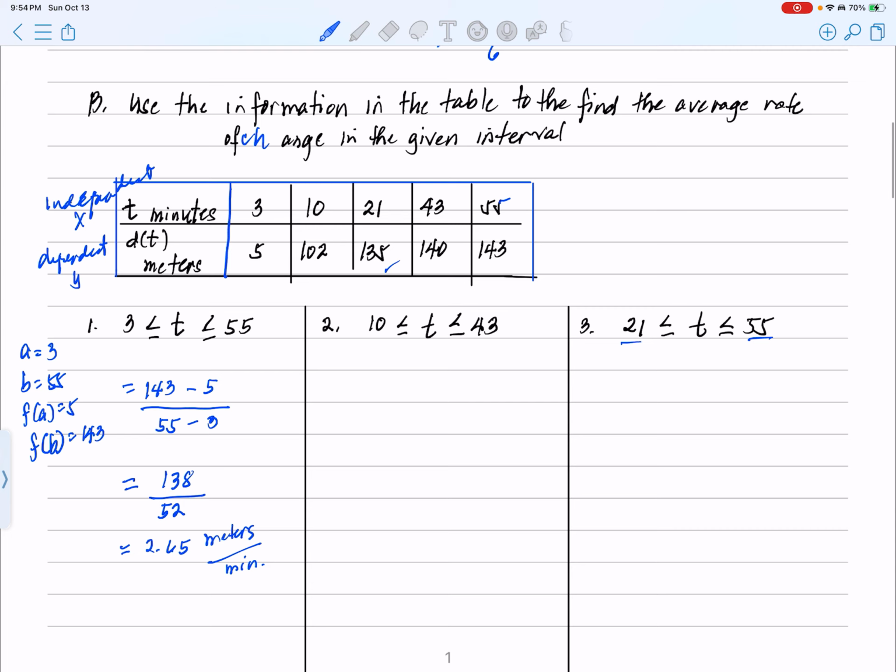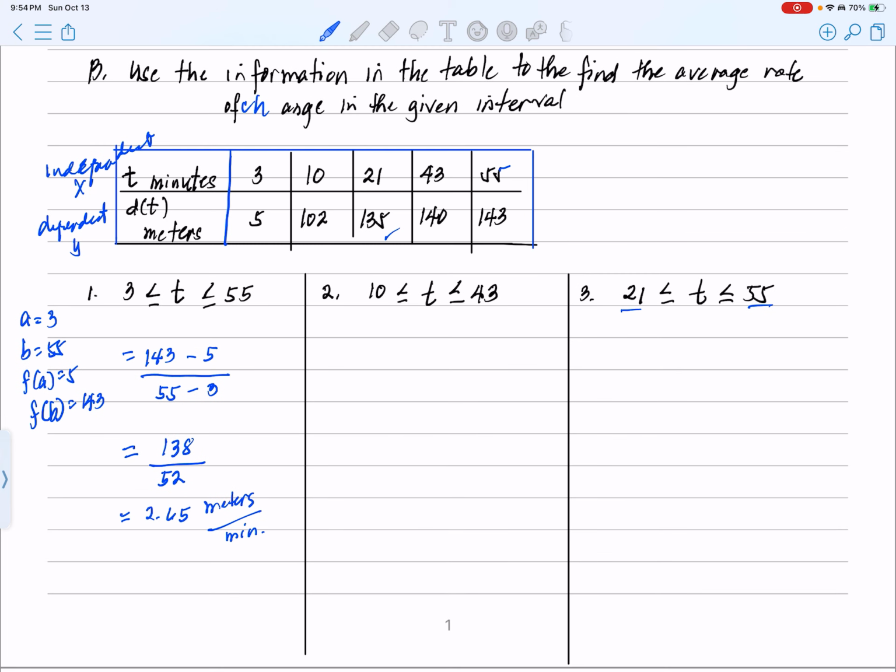Let's have another interval from 10 to 43. So you could make A as 10, B as 43. You can have the function when it's 10, it's 102. The function when it's 43, you have 140.